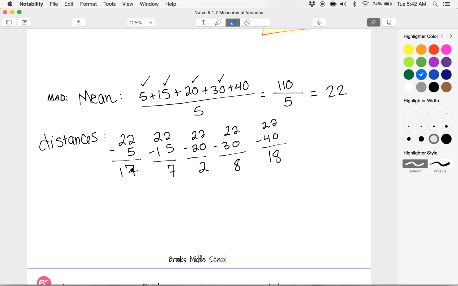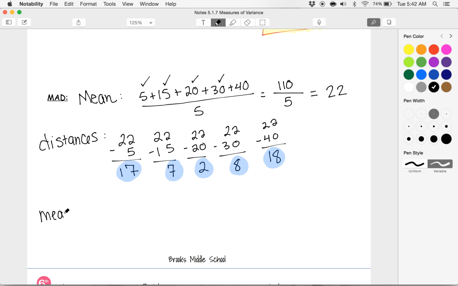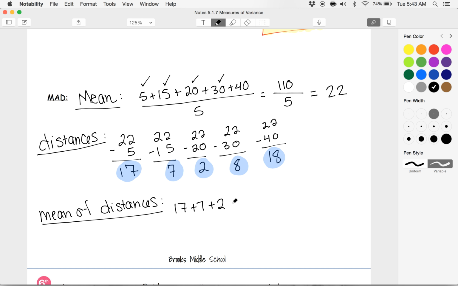I now need to take all of these data points that I just created. I need to find the mean of those. So mean of distances. So we're going to do 17 plus 7 plus 2 plus 8 plus 18 divided by 5.